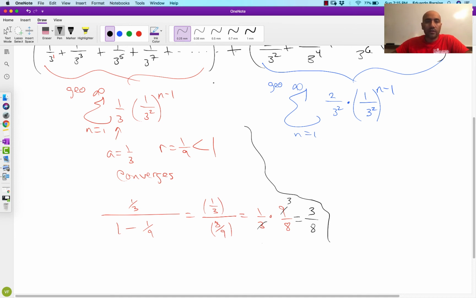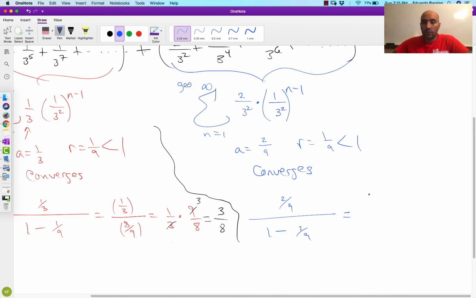This is a geometric series where the a value equals 2 over 9. It's this thing. And the r equals 1 over 9, which is still less than 1. So it converges as well. And it converges to 2/9 divided by 1 minus 1/9.